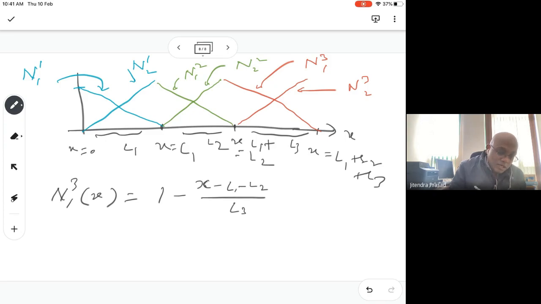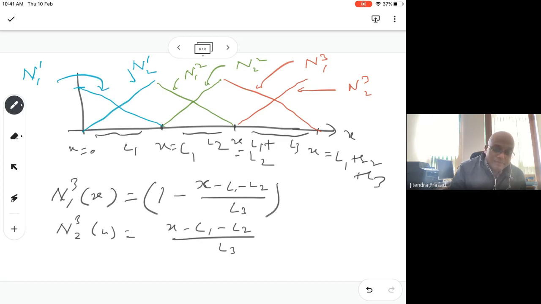Because you see, if x equal to L1 plus L2 plus L3, then you have L3 over L3, so 1 minus 1 becomes 0. When x equal to L1 plus L2, then this becomes 0, so you have 1. So this is how N31 is. Similarly, N32(x) will be simply (x minus L1 minus L2) over L3.